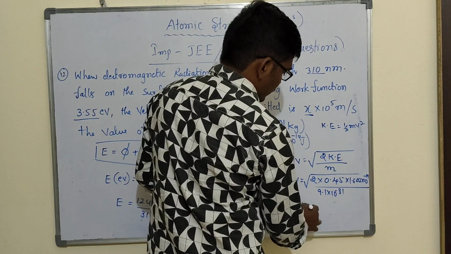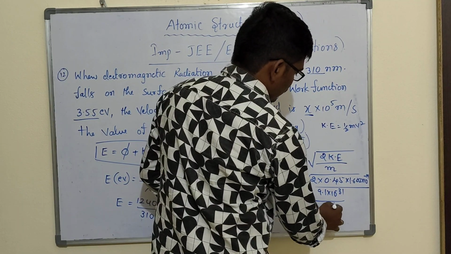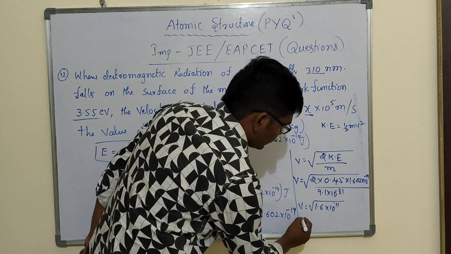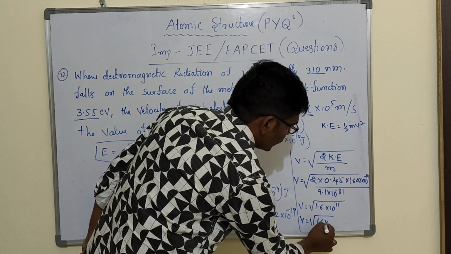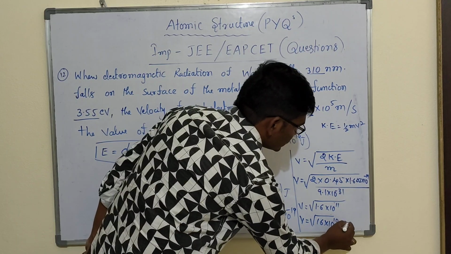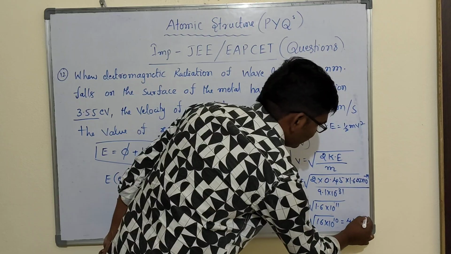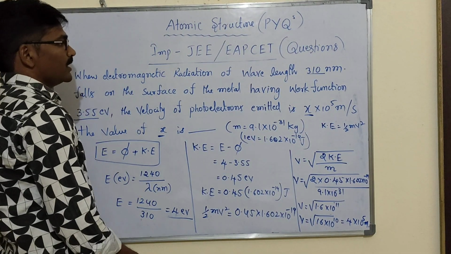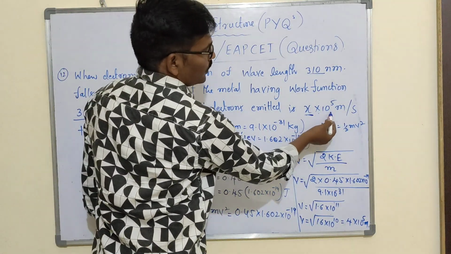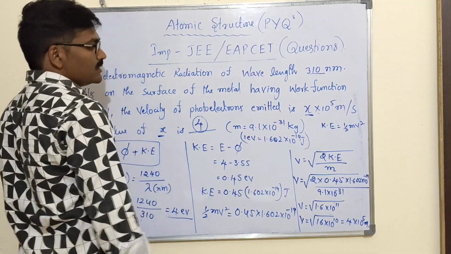Then velocity is square root of 1.6 into 10 to the power of 11, which is equal to square root of 16 into 10 to the power of 10, that is equal to 4 into 10 to the power of 5 meter per second. So the x value is 4. So 4 is the answer.